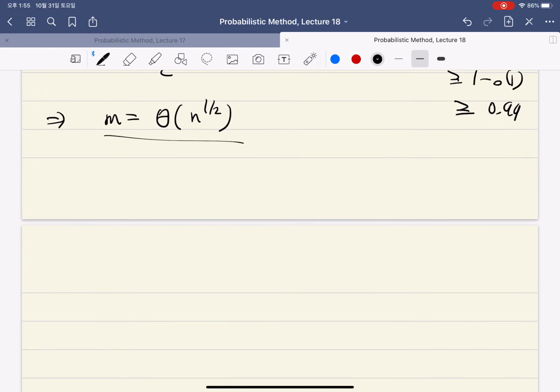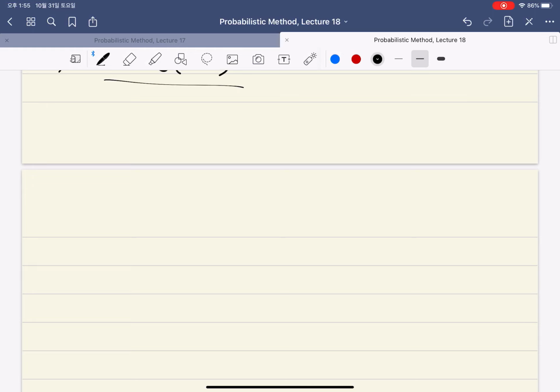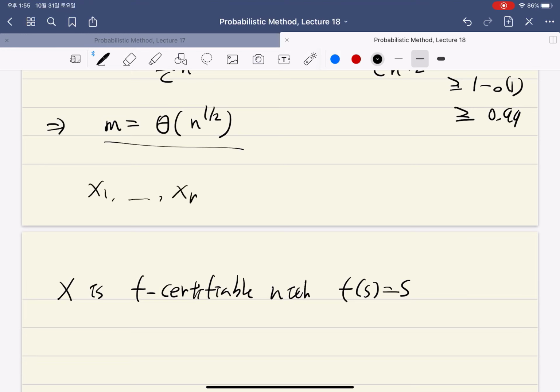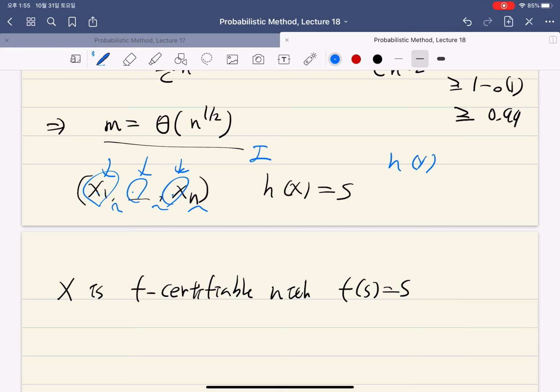Now we can apply the Talagrand inequality, as this x is f-certifiable with f of s being s. Because if you have x1 to xn with h of x equal to s, that means there is an increasing subsequence of length s, and you mark them, and those coordinates are your I. As long as you don't change these and you change something outside, we can always ensure that the new y still has h value at least s.